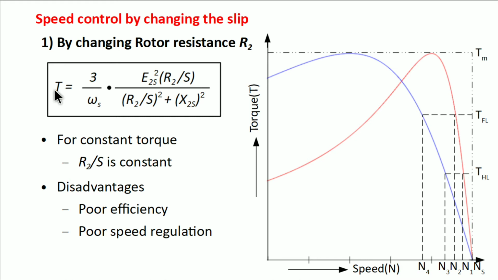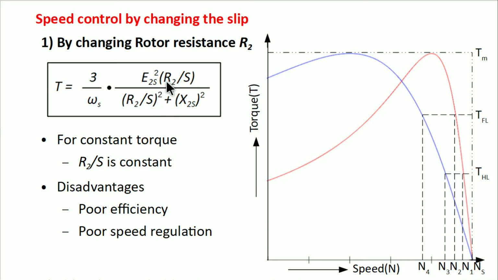So we know the torque is given by the equation 3 ωs E2s² (R2/s) divided by ((R2/s)² + X2s²). This we have already discussed. So in this equation we can see that 3, ωs, X2s, E2s, all these are constant for a motor.